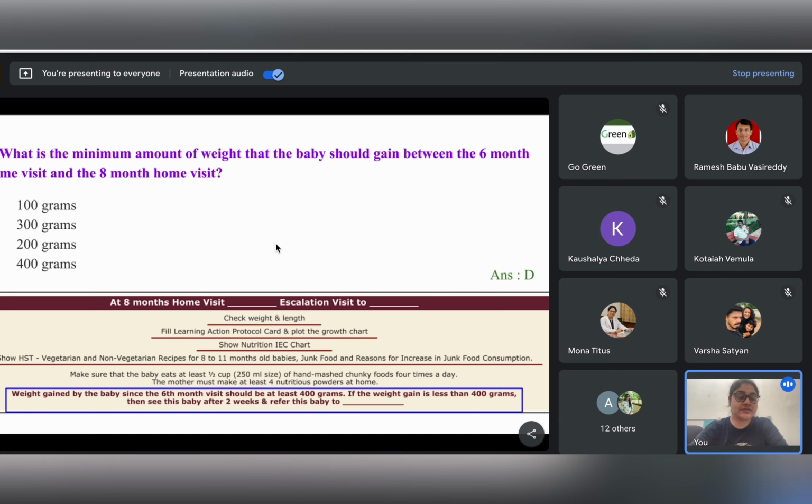So in the complementary feeding, what is the frequency and what is the nature of the diet that the child is being given, how much amount, and also whether there is proper weight gain or not.